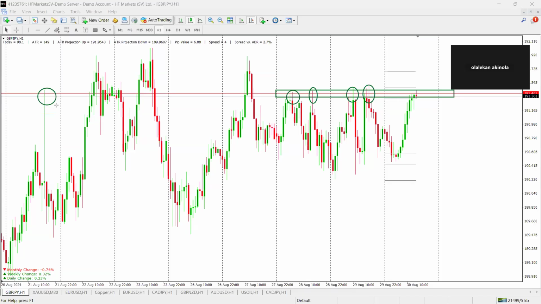From the 21st of August, you can see that that same level caused a massive rejection. Look at this candle, it was rejected very close to the same level. It's exactly the same level, which means psychologically, I must have registered that level as a very strong and very significant level for itself.